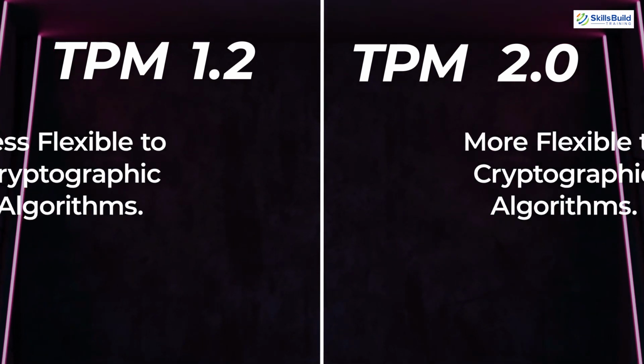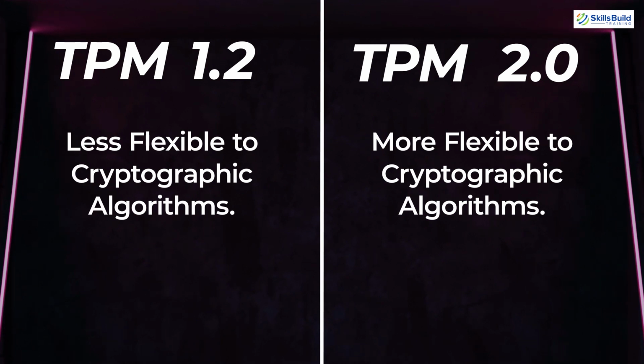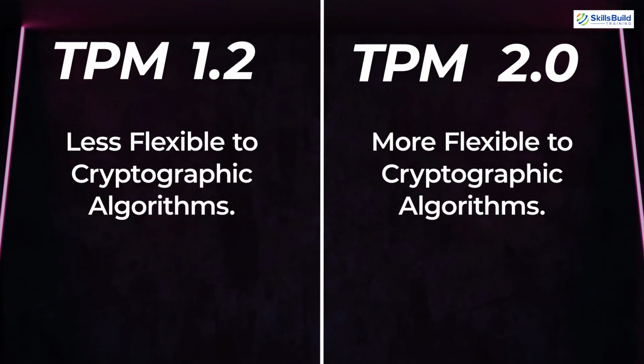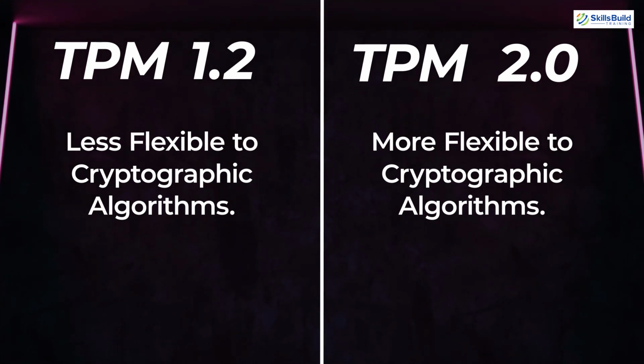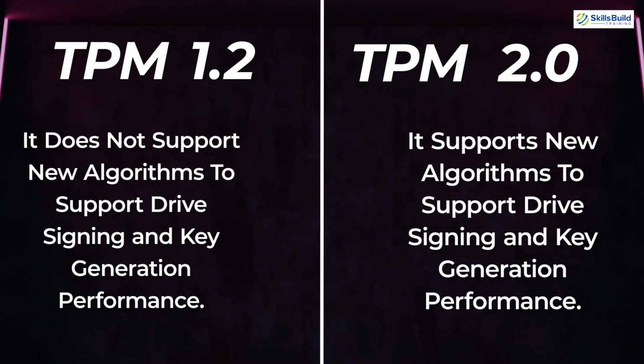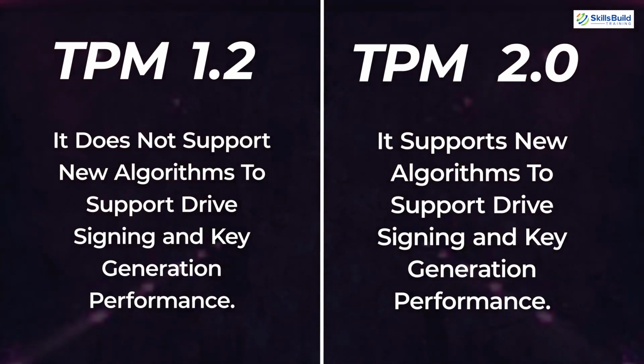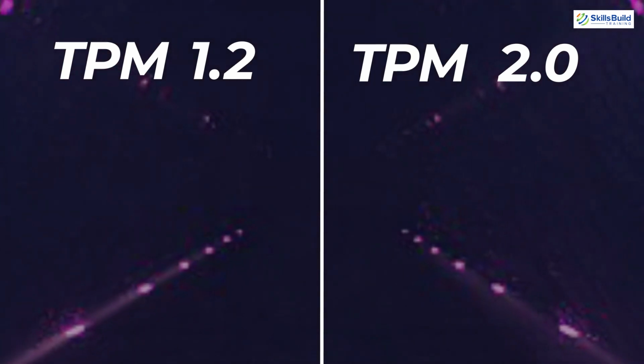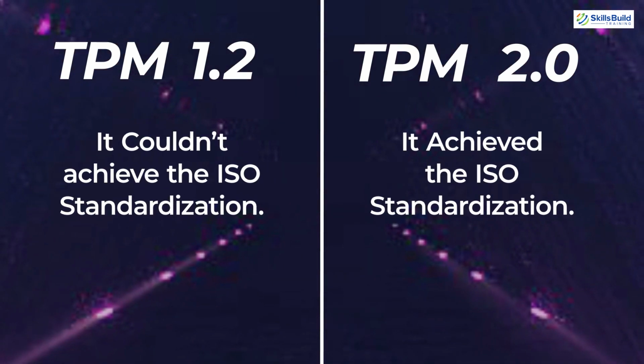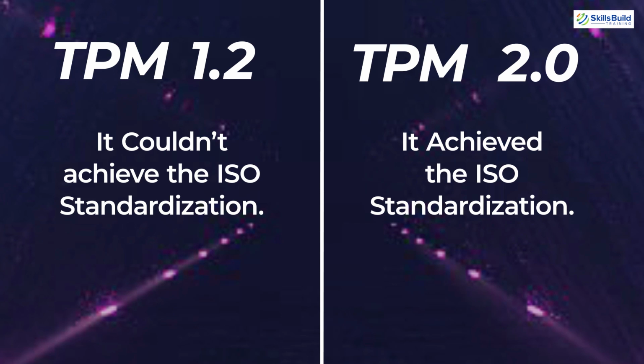TPM 2.0 enables greater crypto agility by being more flexible with respect to cryptographic algorithms. TPM 2.0 supports newer algorithms which can improve drive signing and key generation performance. For the full list of supported algorithms, see the official website. TPM 2.0 achieved ISO standardization.